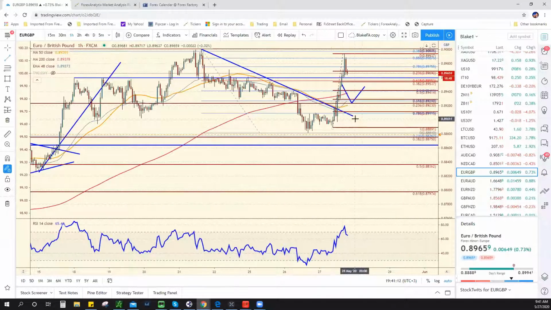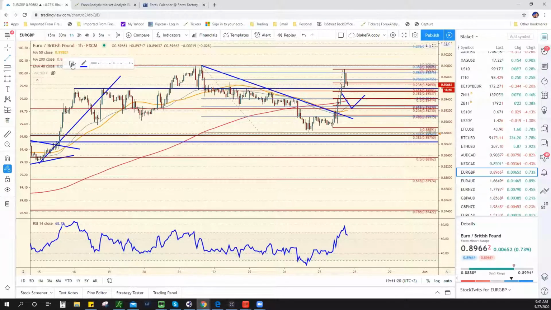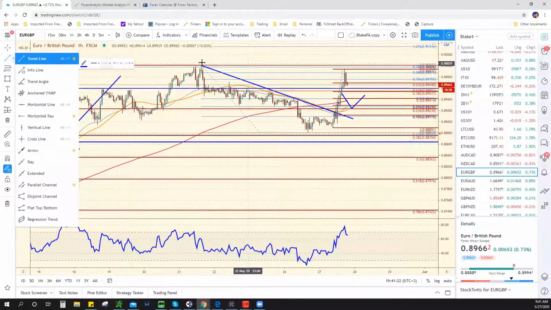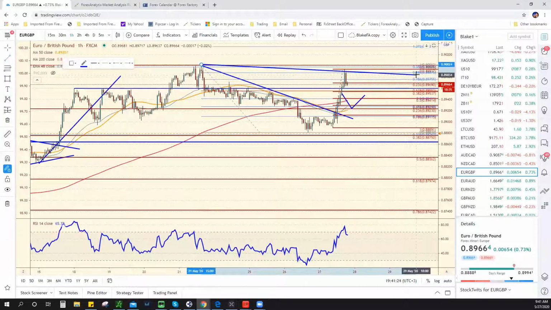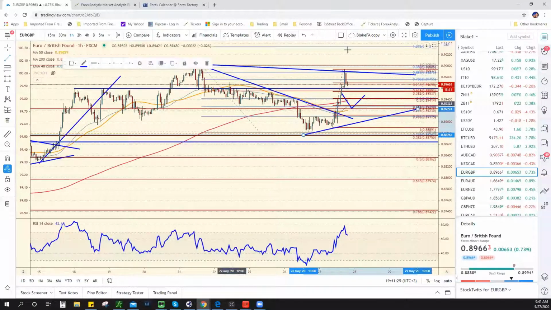But now that we're making a lower low, I think what's going to happen, if, you know, obviously I could be mistaken about this, but this is what I'm thinking, is we're going to be making some sort of consolidation that looks like this, right? Something like that. You know, roughly.